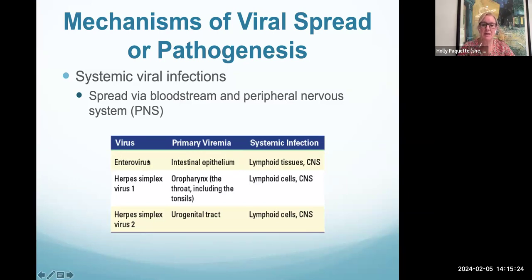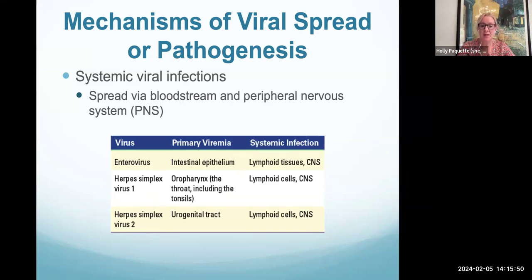So for example, enteroviruses, which tend to be ones that we ingest, will cause a primary infection in the intestinal epithelium, where it can get into the blood. It can then travel to our lymphoid tissues, which is part of our immune system, and to our central nervous system, the spinal cord or the brain. We also have herpes simplex virus 1.